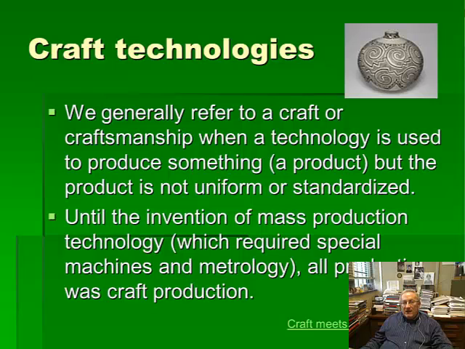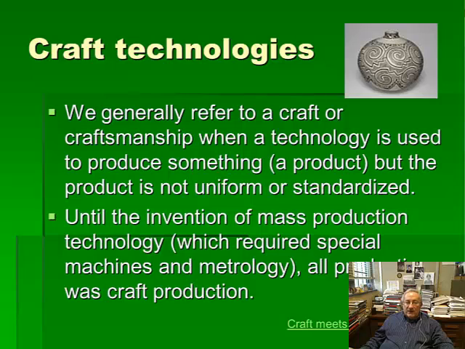When we talk about making things, a distinction is made between mass production technology and craft technology. Craft technology generally is something that requires quite a lot of skill on the part of the user, and there's no guarantee that different users will produce exactly the same product.